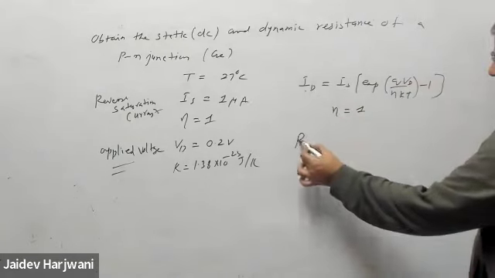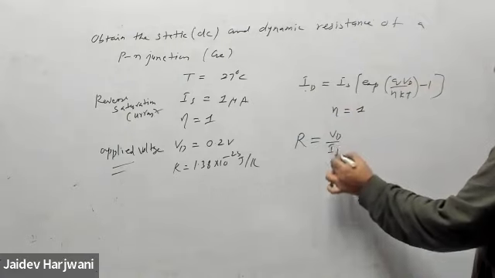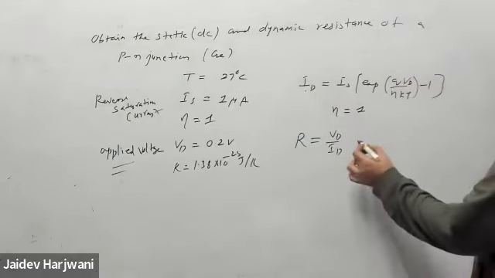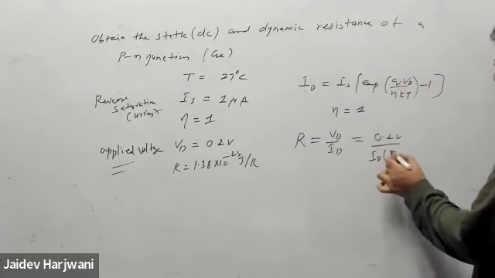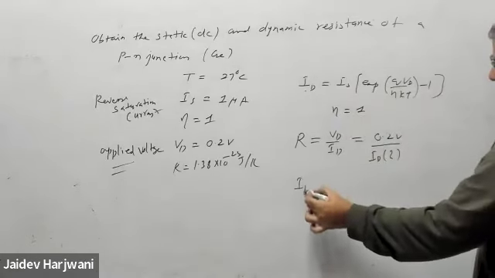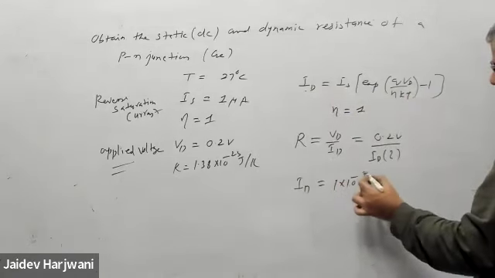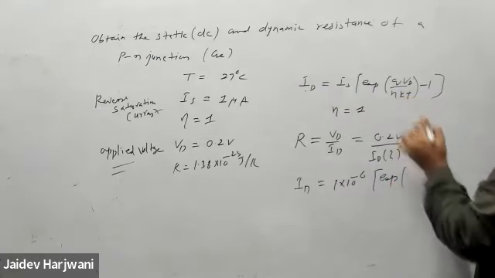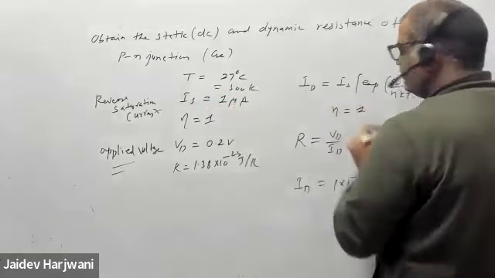So you want to find the dynamic resistance and static resistance. Static resistance is simply VD upon ID. VD is given to you as 0.2 volt. ID you want to calculate from this equation. Eta is given as 1. Find out how much ID is coming. So ID will be IS, given to you as 1 microampere, exponential QVD upon KT, where temperature is 26 degrees centigrade, that is 300 Kelvin, room temperature.